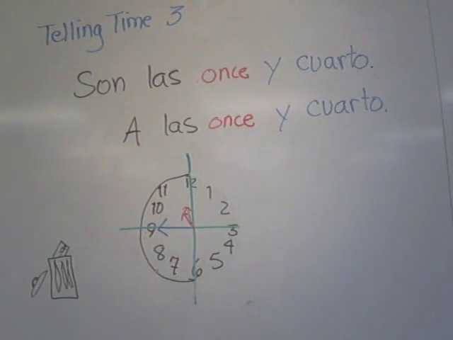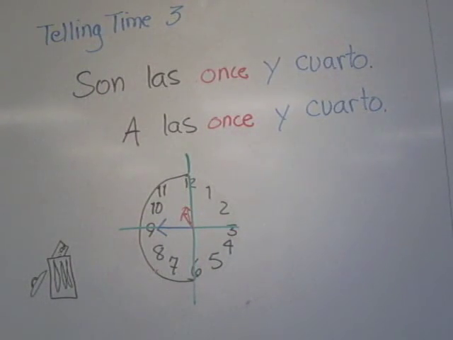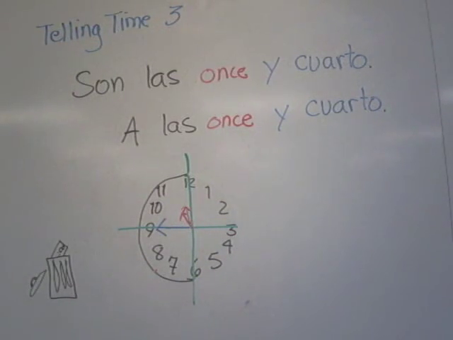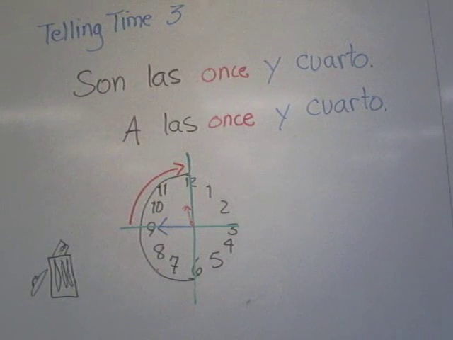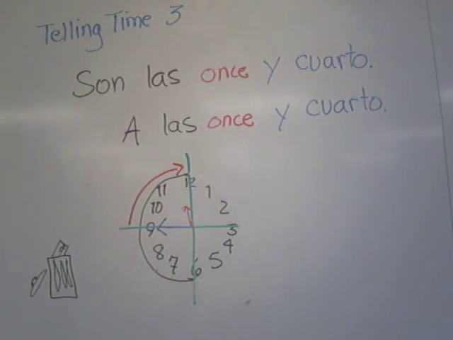Take a look at the hour hand. When it is 15 to 12, that is 11:45, notice the hour hand nudges a little bit closer to 12. And so it's actually 15 minutes until 12.